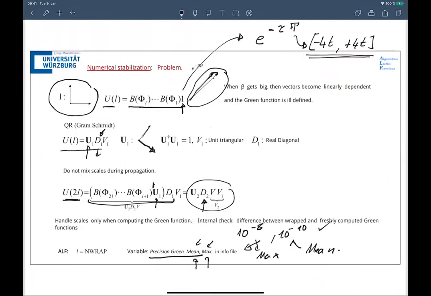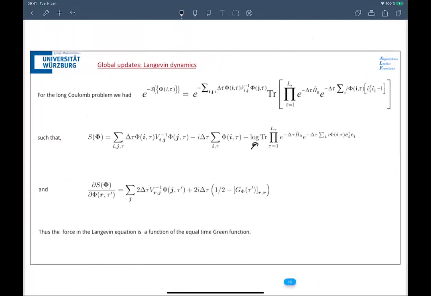I mean, there is a routine in the ALF code which allows you to define arbitrary global updates. You can look at the documentation, and I forget the name of the routine, but you can say, okay, I do a couple of sweeps, and then I do a couple of global updates, and you have to specify the global update.